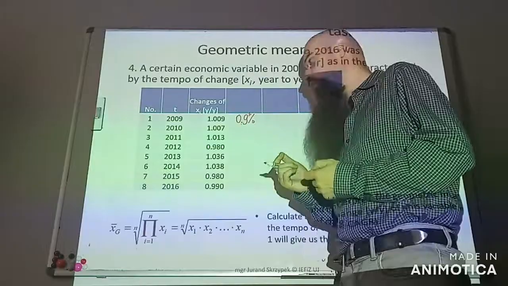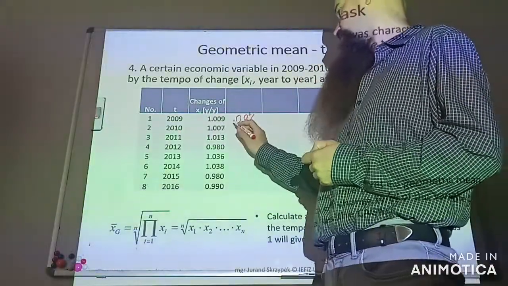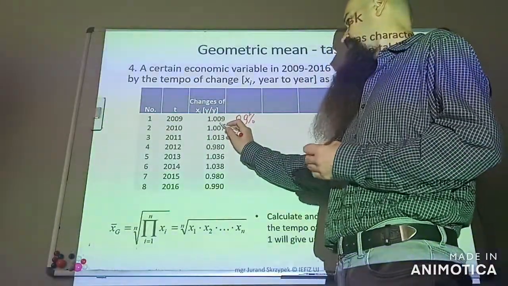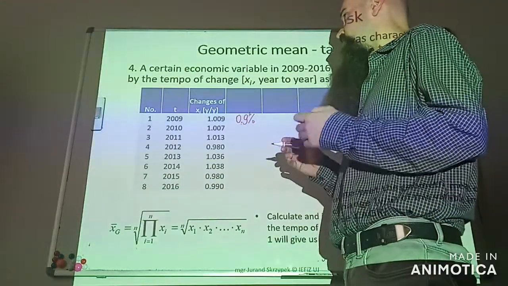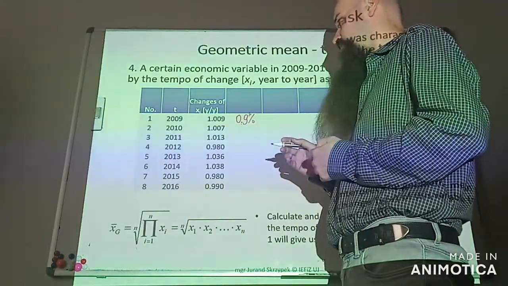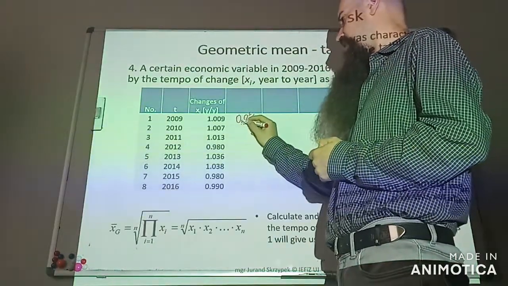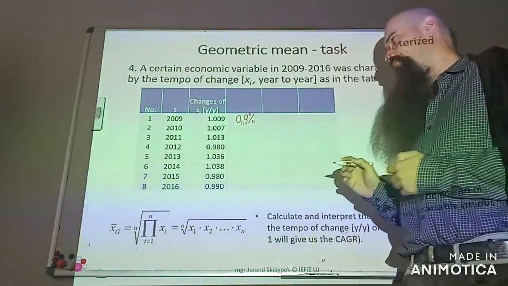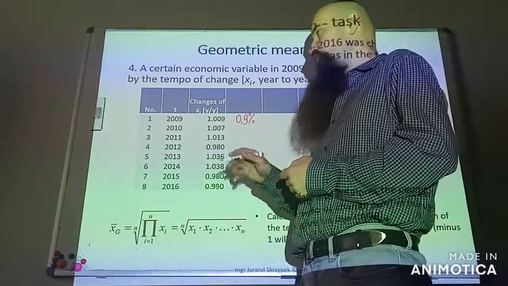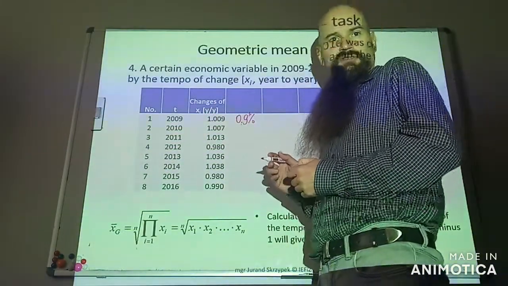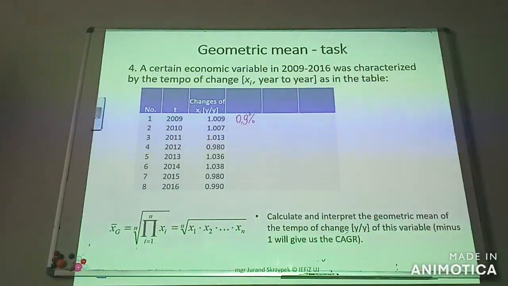So in other words, in 2009 our certain economic variable increased by 0.9% compared to the 2008 year. Okay.